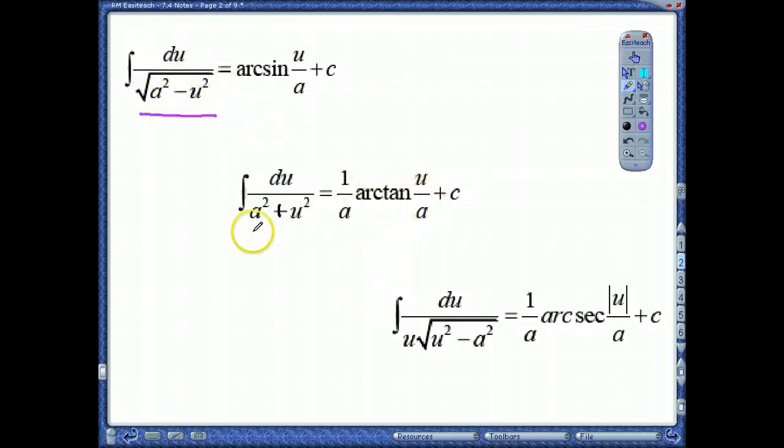We think about tangent if we see a number plus a variable squared. And we think about arc secant, or secant, whenever we see the variable squared minus a number.